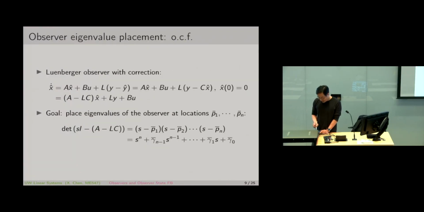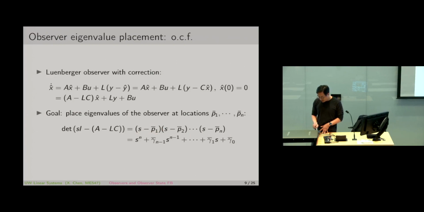Our goal is to place the eigenvalues of A minus LC in this Luenberger observer at, let's pick some locations, let's say p1 bar to pn bar. We want to place the eigenvalues at p1 bar to pn bar. That simply means this.